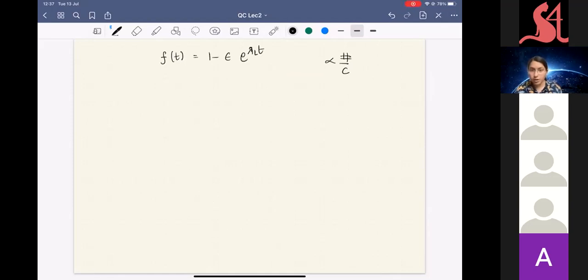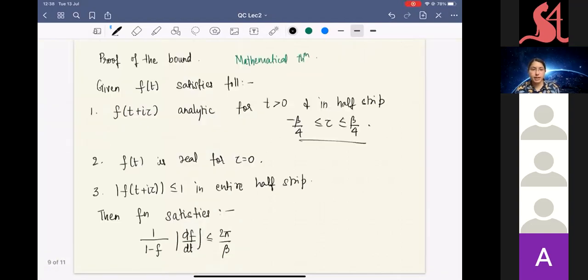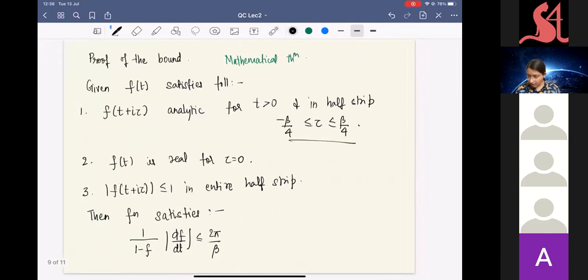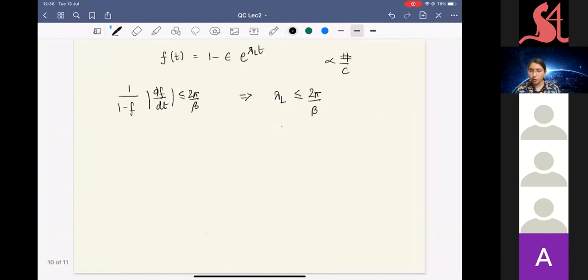For a function of this form, putting it in the inequality on the previous slide gives lambda L less than 2 pi by beta. I still haven't explained why the out of time order correlator should satisfy all these three properties. But if it does, then this property will mean the following bound on the Lyapunov exponent.